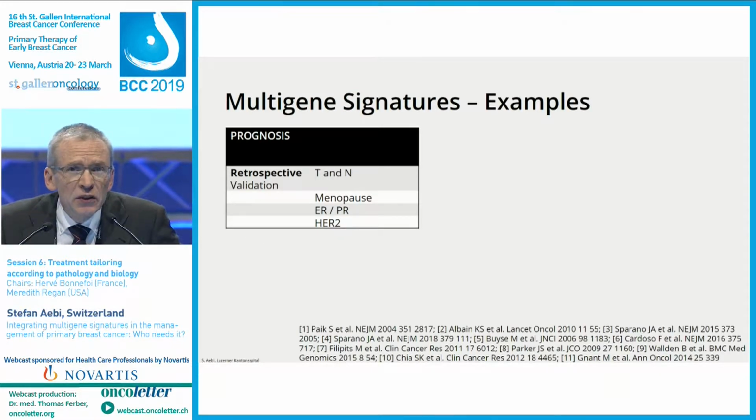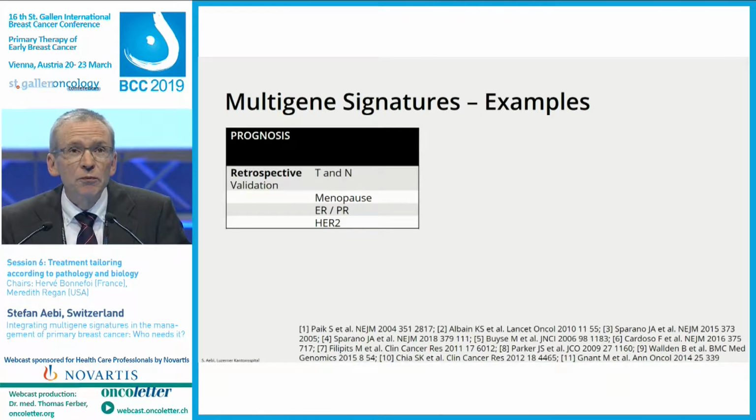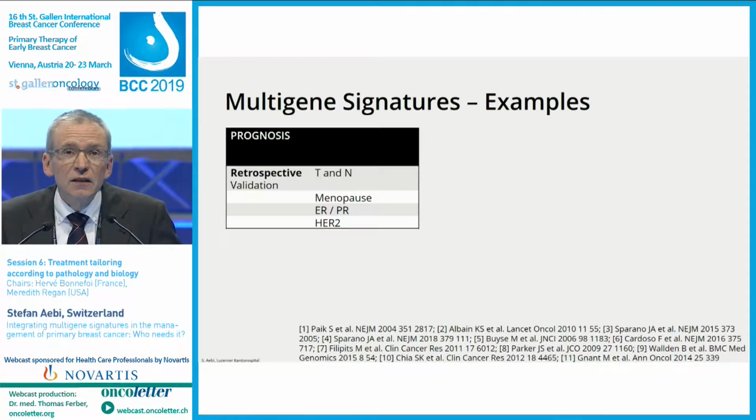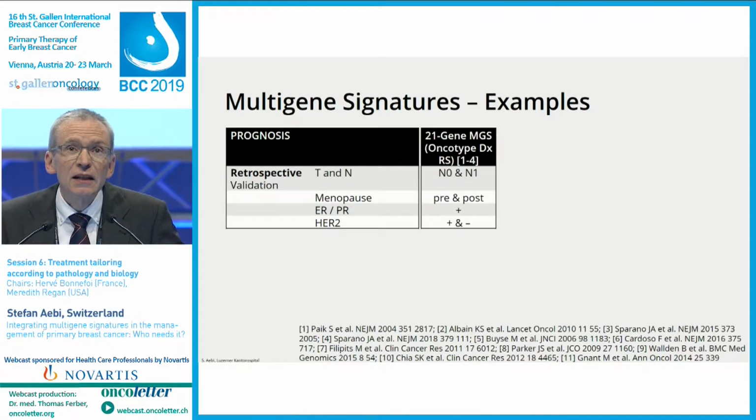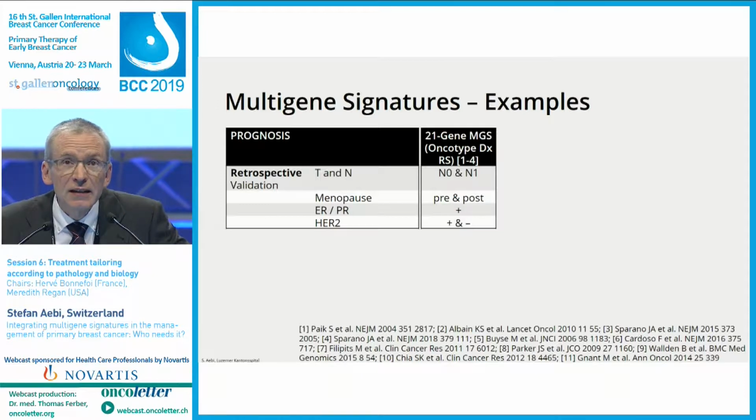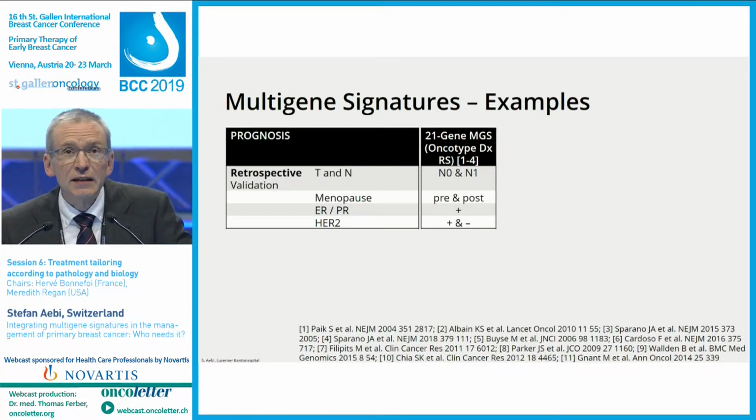So let me just show you a few examples. I cannot be exhaustive in 20 minutes, so you'll just get examples of signatures, the most popular ones. We look into prognosis, we look into retrospective validation studies. You have the 21-gene multigene signature Oncotype DX. It was validated retrospectively in N0 and N1.